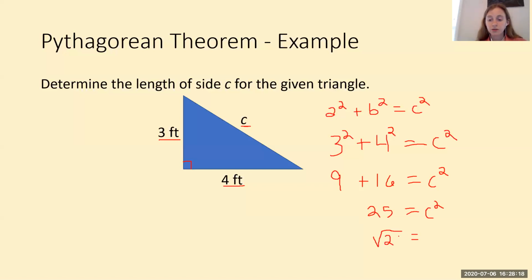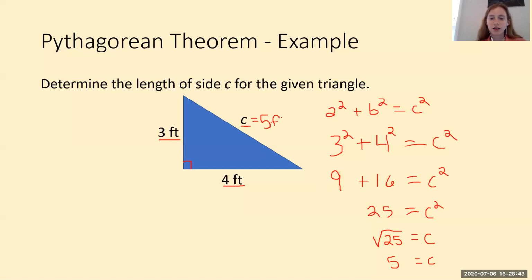Because if some number squared equals 25, that means that that number is the square root of 25. So c is going to be the square root of 25. That means c is equal to 5 feet. And we're done.